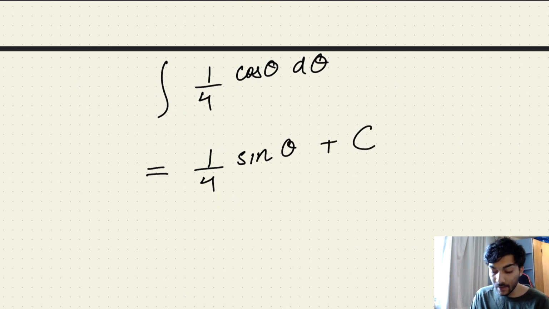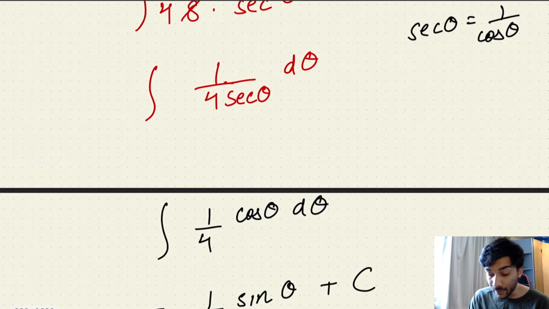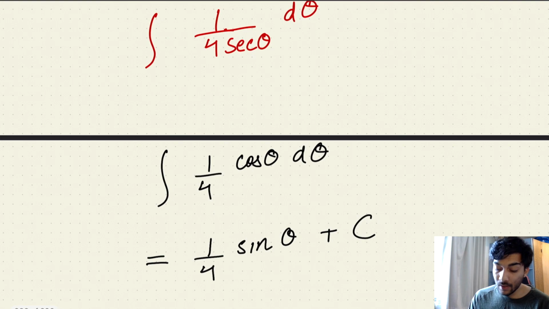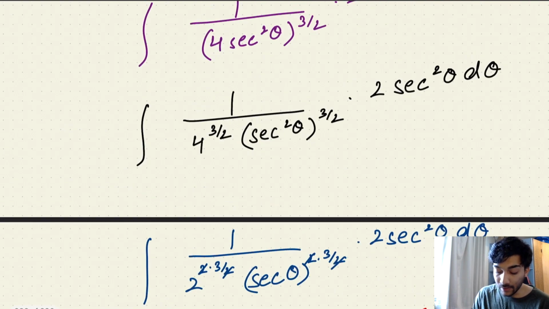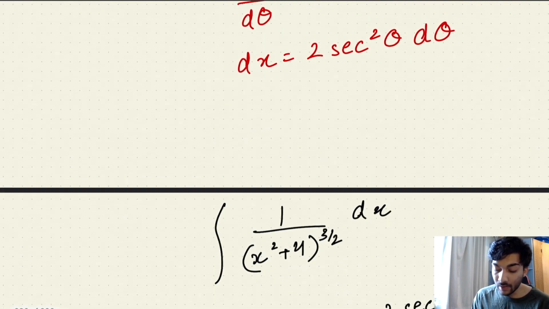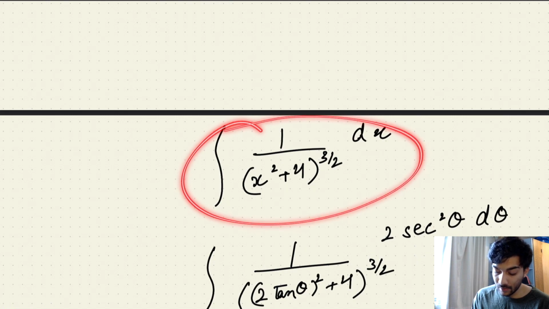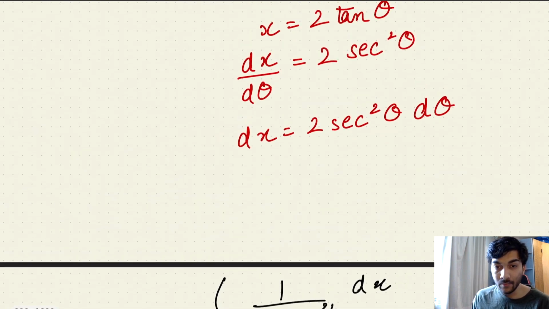Again, this answer is in terms of theta, but you would have observed how simple it was to calculate this integral rather than solving the original integral by any other method.